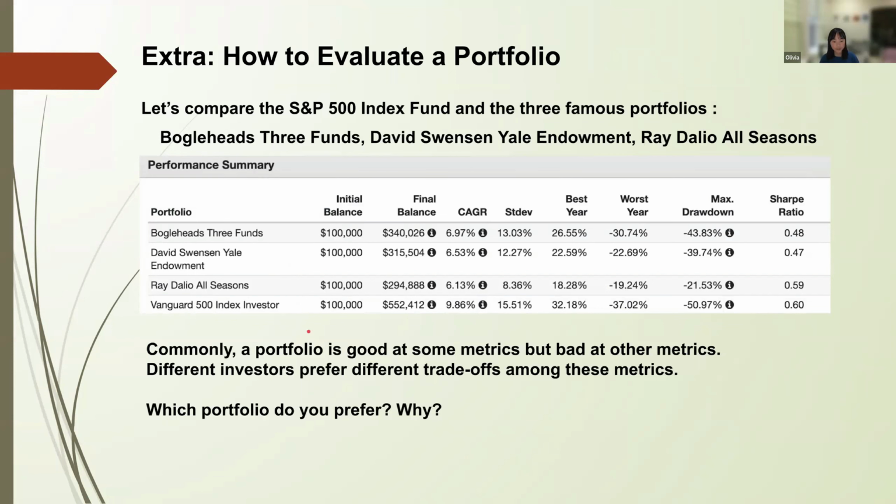Commonly a portfolio is good at some metrics but bad at others, so different investors will prefer different trade-offs among these metrics. It depends on your own personal preference. So what portfolio would you prefer and why?